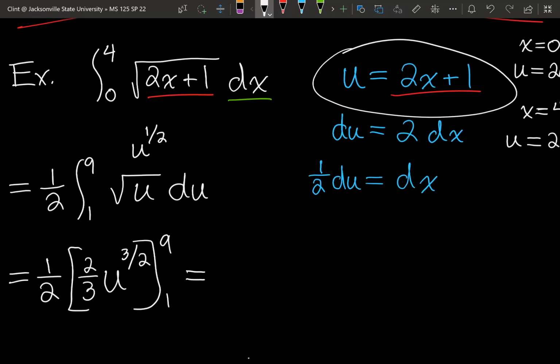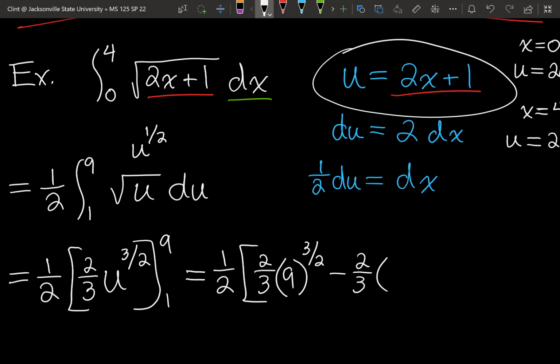So do the top number first, and we'll have a 1/2 times all of this. That's 2/3 times 9 to the 3/2, minus 2/3 times 1 to the 3/2.